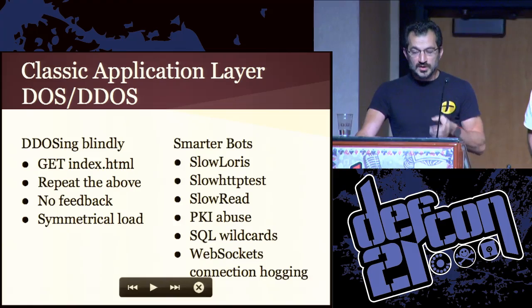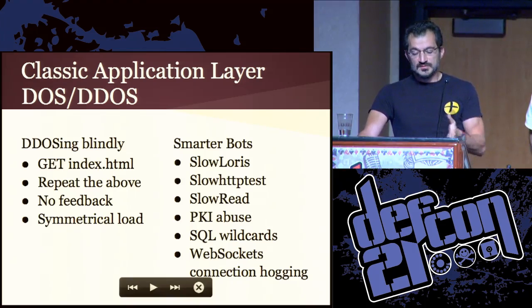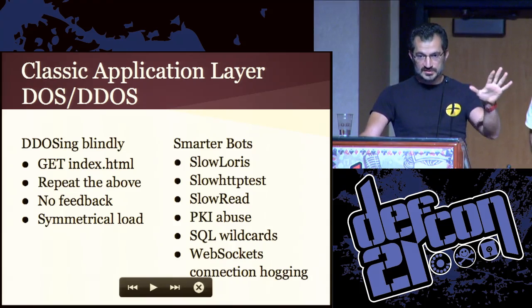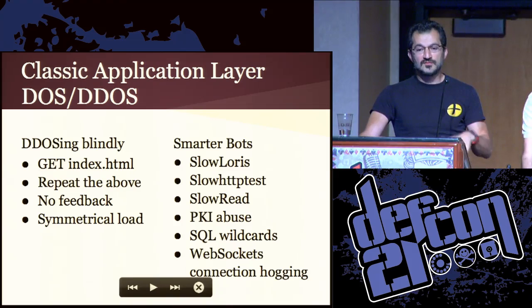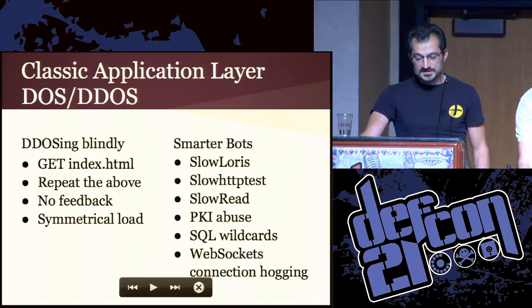So we're gonna talk about application layer DOS tools or methods, and for us those tools are of two different kinds. There are some that are not that smart, and another group that is a bit smarter. The non-smart approach is just pushing a resource over and over, hoping that the resource will die. And then you do that from multiple instances, and it works.